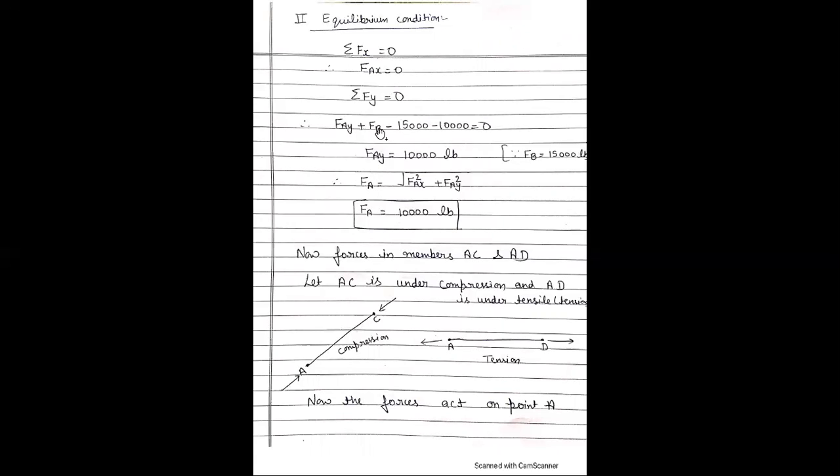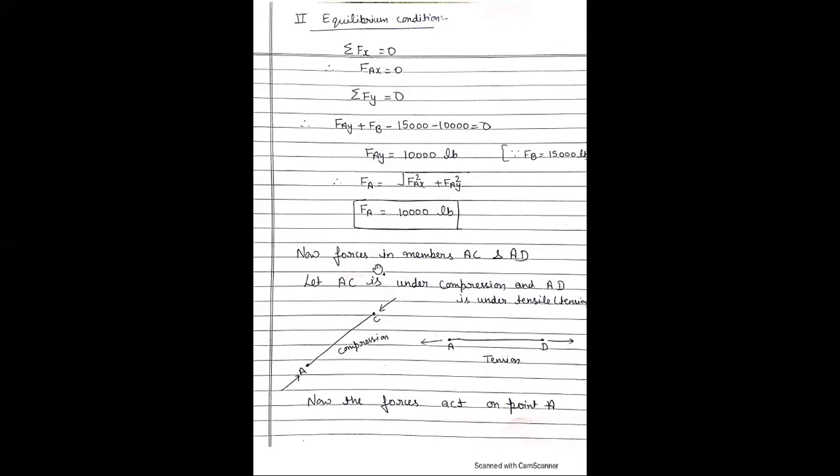Now put the value of Fb as 15,000, therefore Fay is equal to 10,000 lb. And we know that Fa is equal to the square root of Fax squared plus Fay squared, and Fa is equal to 10,000 lb.